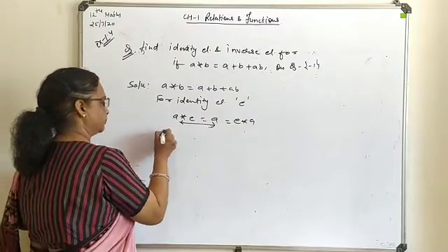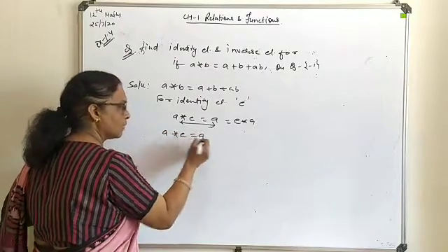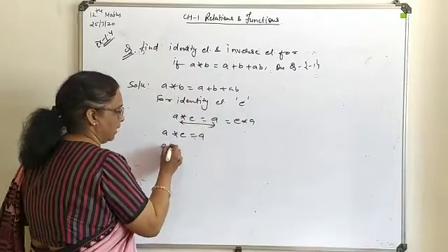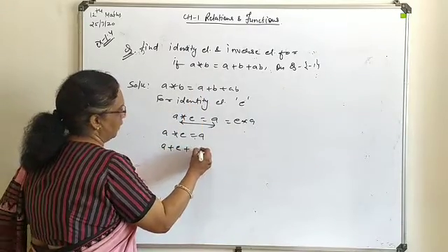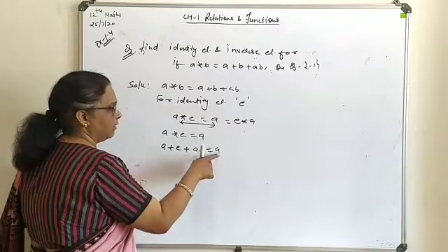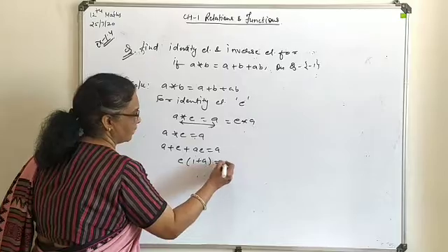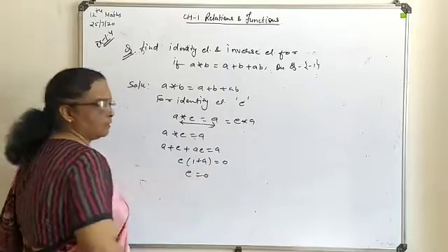Now here, in place of B you will write E, meaning A plus E plus A into E is equal to A. A will cut. From here E we can take common. So E will come out as 0.